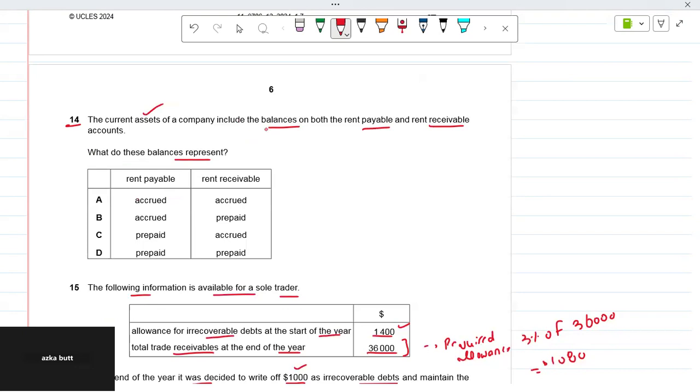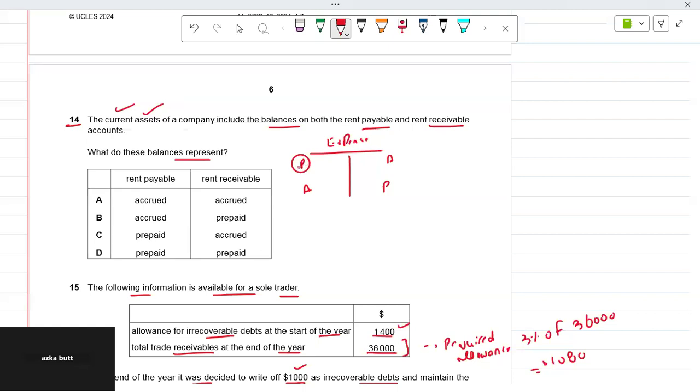The rent payable is the expense, and we use a mnemonic for expense accounts, which is P A A P. So if the rent payable account is showing a current asset, it means your expenses are prepaid, so this is known as your current assets.